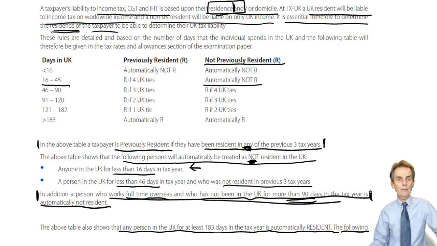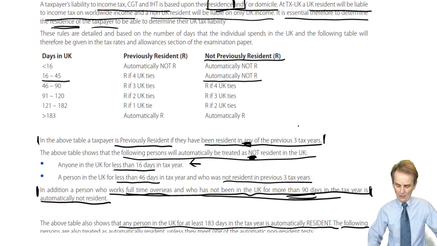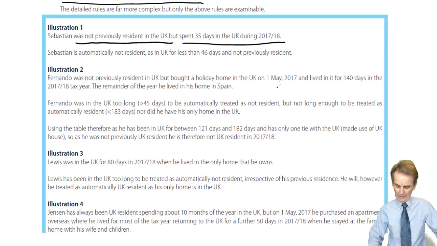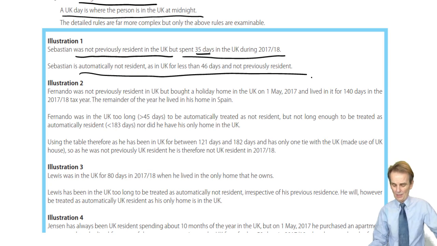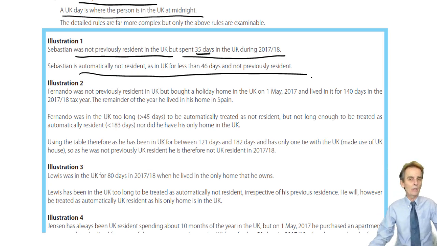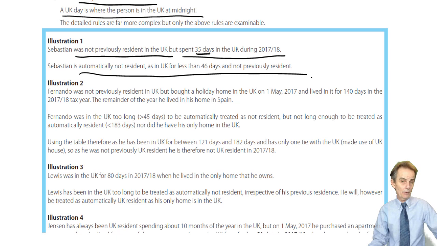We are not in the UK for 46 days or more. It's only 35 days, as I recall here. There we go, 35 days. So on that basis, automatically not resident, as in the UK for less than 46 days, having not previously been resident in the UK in any of the previous 3 years. Automatic, not UK resident, end of job, nothing else to do, answer determined.